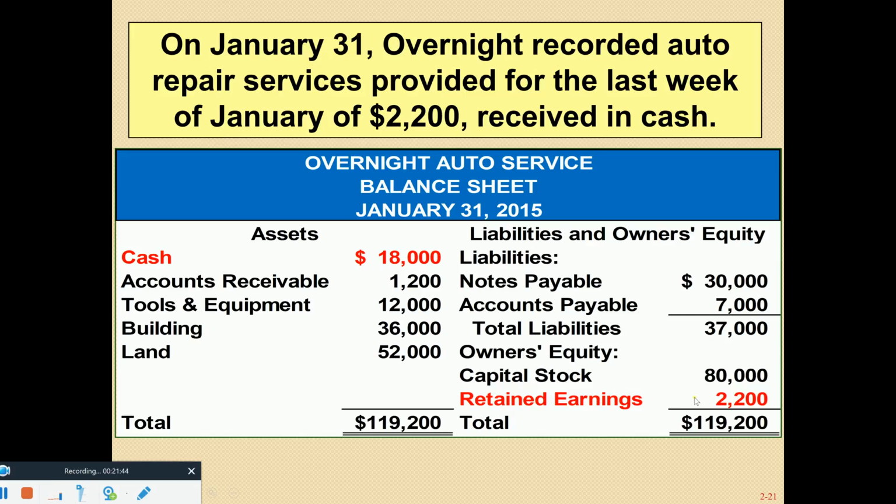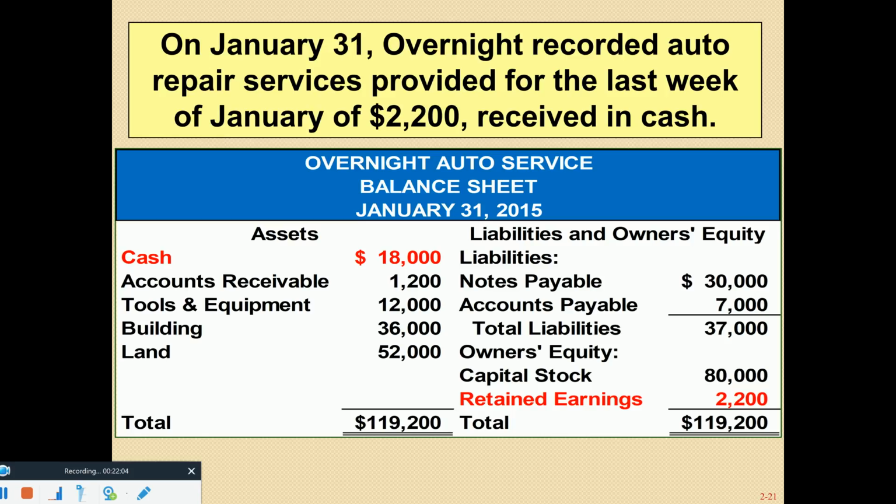But the retained earnings account includes three subcategories. Number 1, revenue, which makes the retained earnings increase. Number 2, expenses, which makes the retained earnings decrease. And number 3, dividends, which will also make the retained earnings decrease.